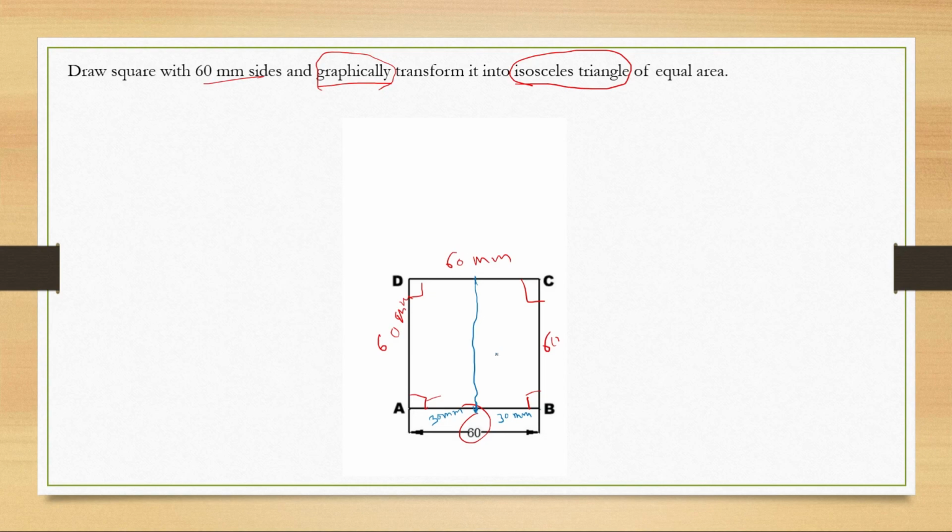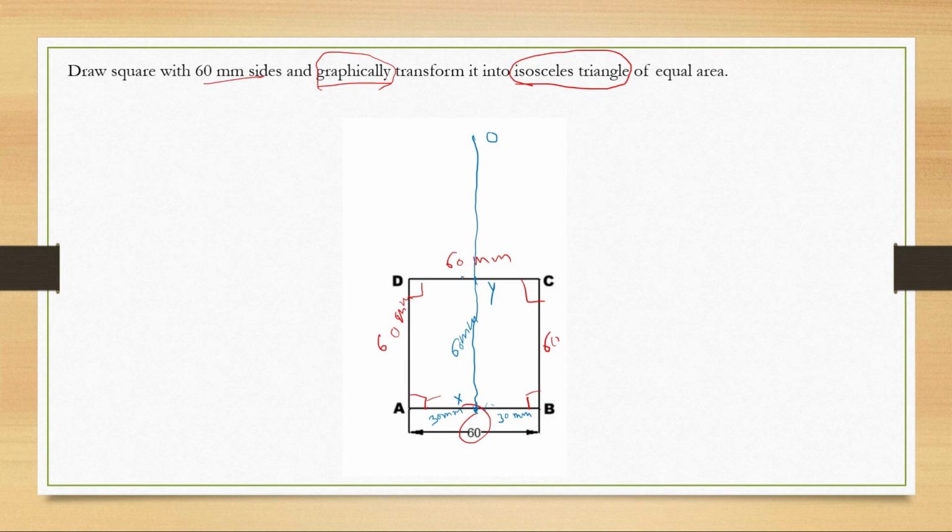Can you tell me what is the length of this line? It will be 60 mm. One more thing you have to do, you have to extend this line on the top. Let's give it names X, Y and O.